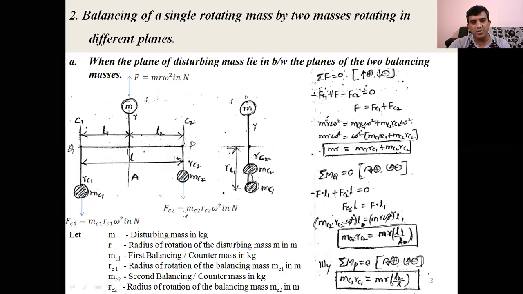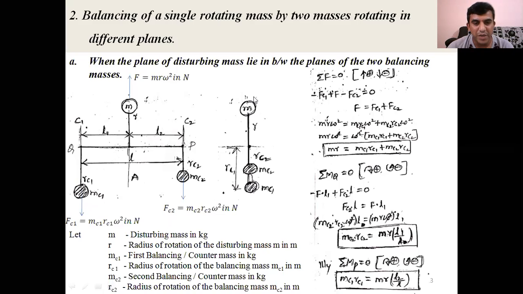Similarly, the second counter mass produces a counter centrifugal force Fc2 equal to mc2 rc2 omega square. Now all the masses are located in different planes. If we view from the side view, the left side view, they are located on the same line.